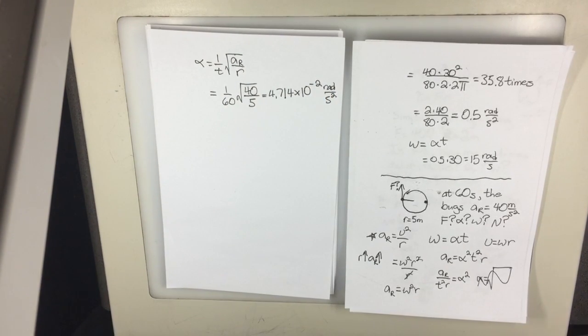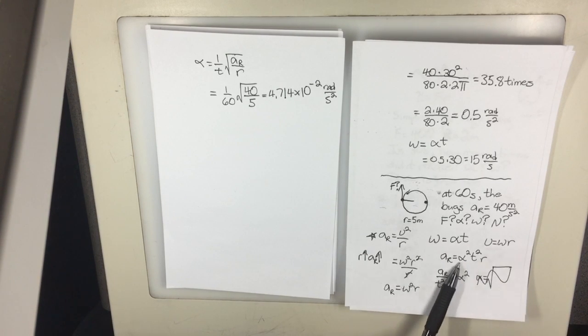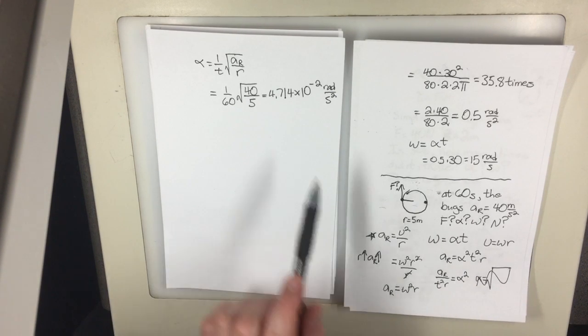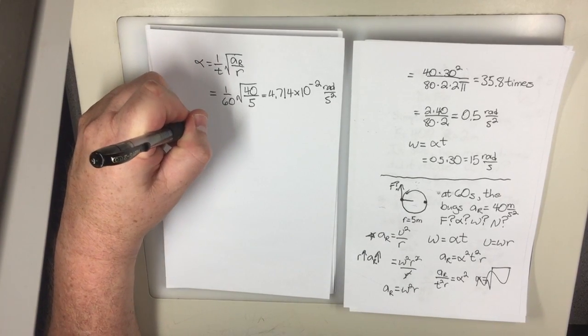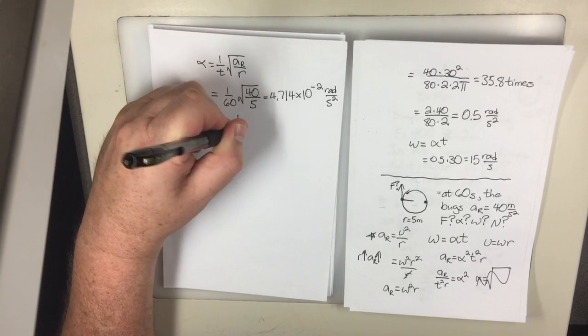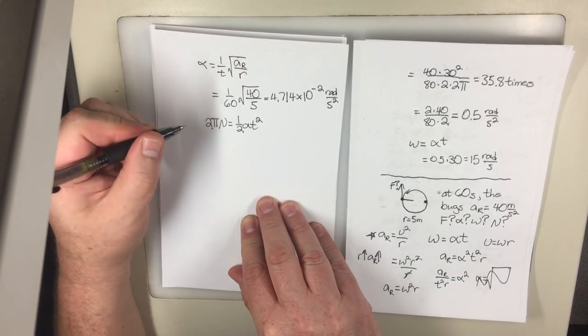I'm writing it out to a few more digits so that I don't get bit rot, or as much bit rot as could happen. So we started with this, I replaced omega with a term of alpha, solved for alpha, and ended up with this number. Now this number is handy because 2 pi n, or theta, is equal to 1/2 alpha t squared. I could solve for n.